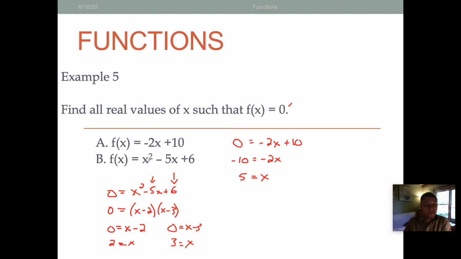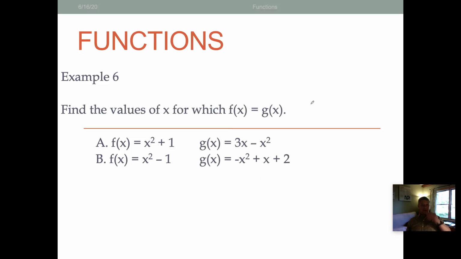If x is equal to 2, 2 squared is 4, minus 5 times 2 is 10, so 4 minus 10 is -6, plus 6 is 0. Bingo. And if x is equal to 3, 3 squared is 9, minus 5 times 3 is 15, 9 minus 15 is negative 6, plus 6 is 0. So again, they all work out.